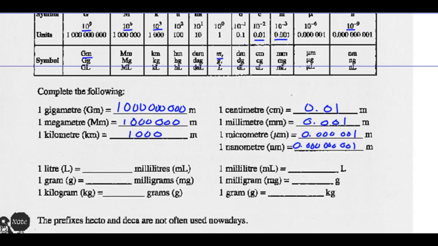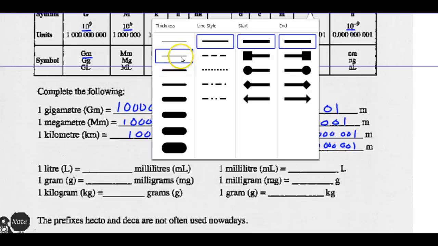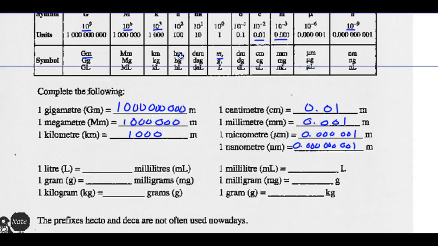Now, those are for meters. We do the same thing for liters or grams. We're still going to use our base unit there. So 1 liter is how many milliliters? 1 liter is 1,000 milliliters. 1 milliliter would be how many liters then? 0.001.